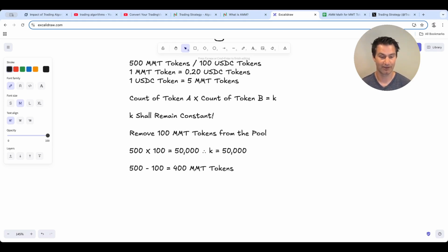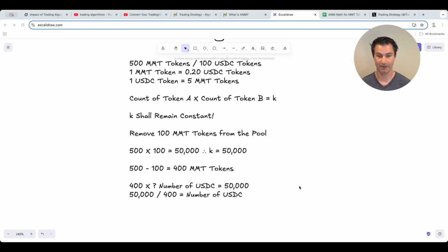So if we have 400 now times some number of USDC equals 50,000, then this is just some simple math: 50,000 divided by 400 equals the number of USDC, and that number is going to be 125.